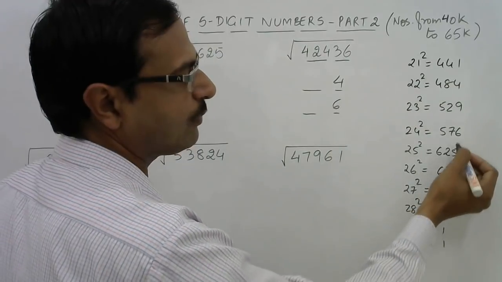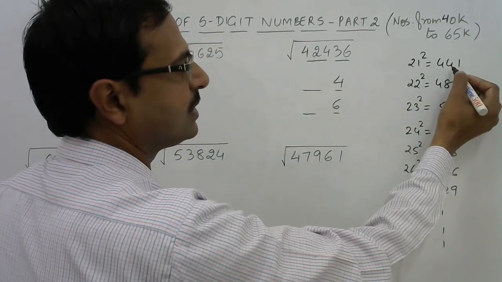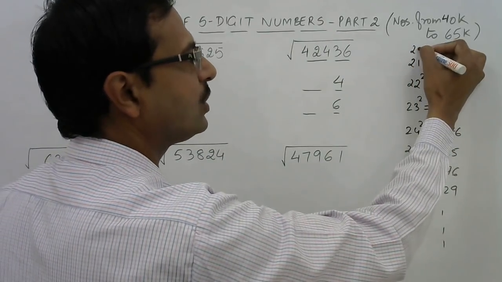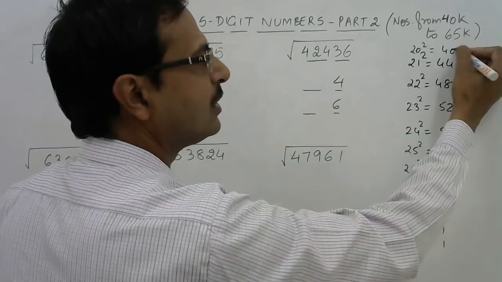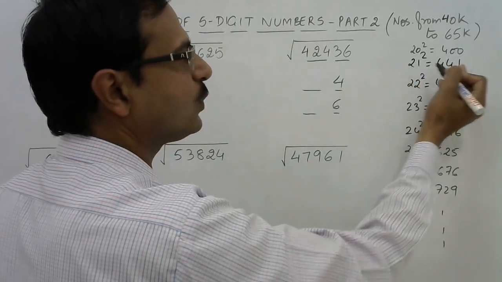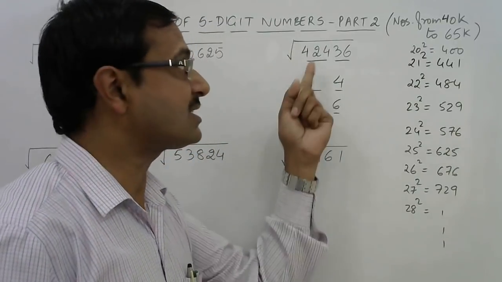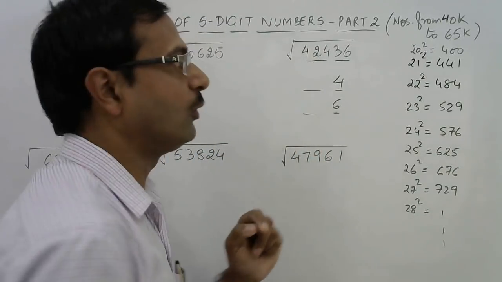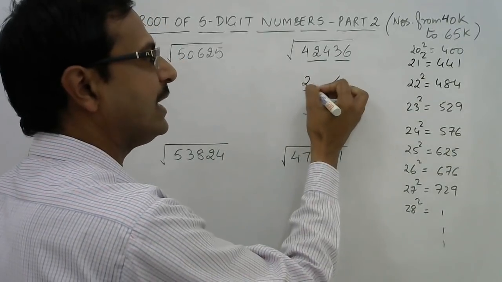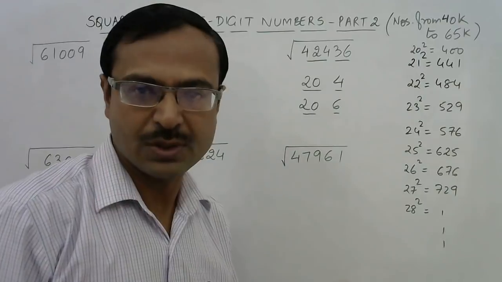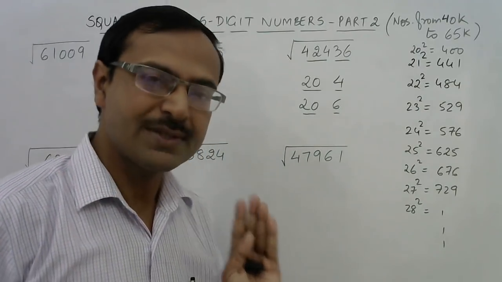Now 424 is just above 20 square. 20 square is 400. 21 square is 441, which is above 424. So I need a perfect square which is just below this triplet 424. So it is 20. So 20 will come here, thereby giving us two possibilities, 204 or 206.